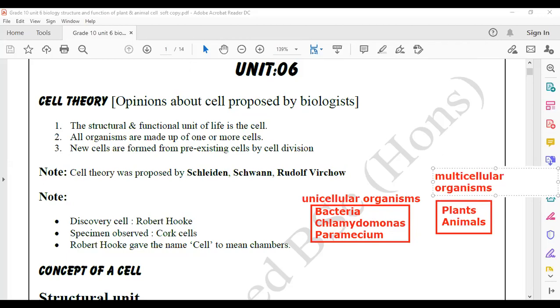Why do you call them multicellular organisms? Because they have many cells in their body. So, do you agree some organisms are made of one cell and some are made of more than one cell?